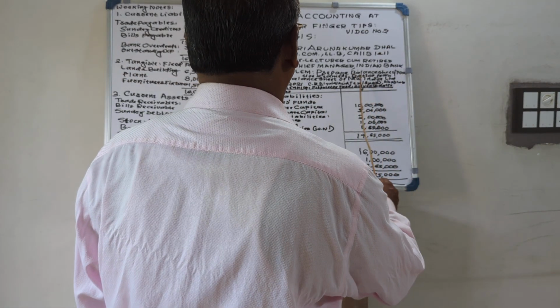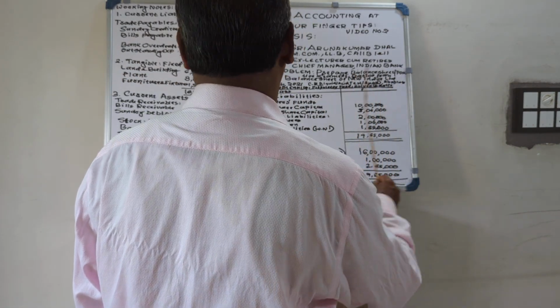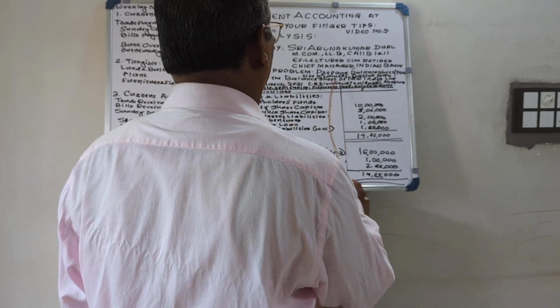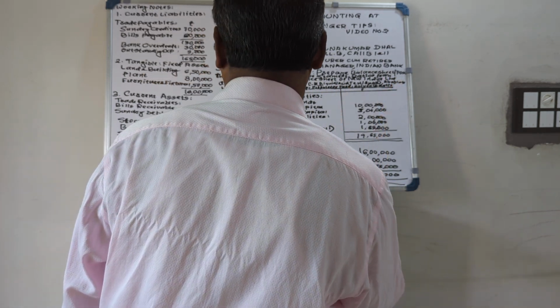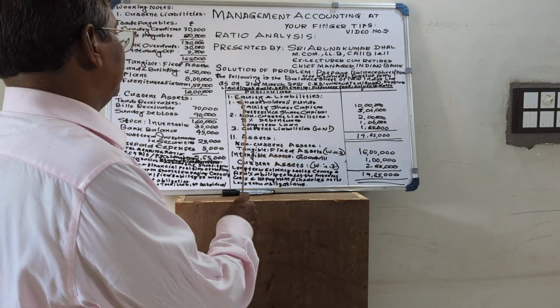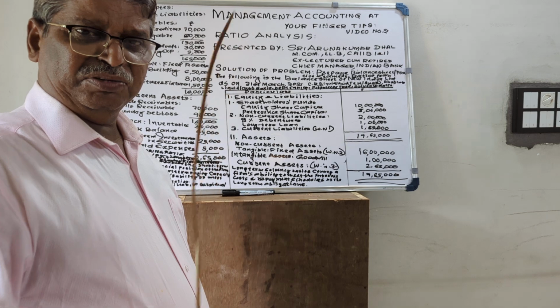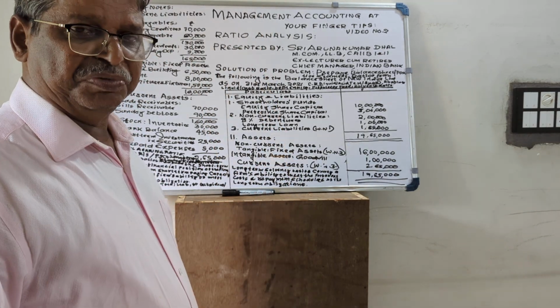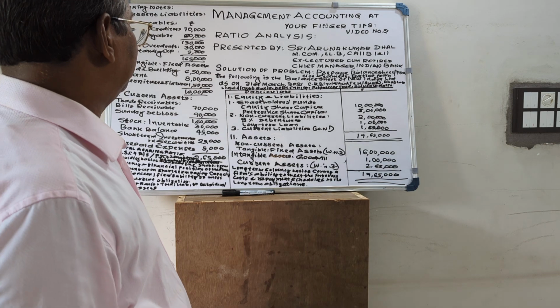Prepare a balance sheet or positional statement ratio from the following. Balance sheet of New India Limited as on 31st March 2021. In the case of a company, the balance sheet is prepared in vertical form.